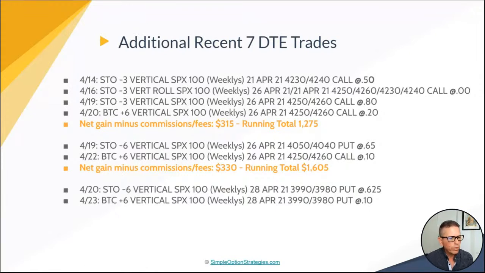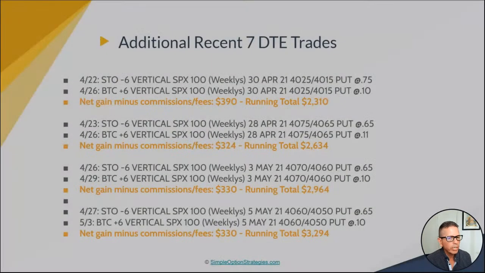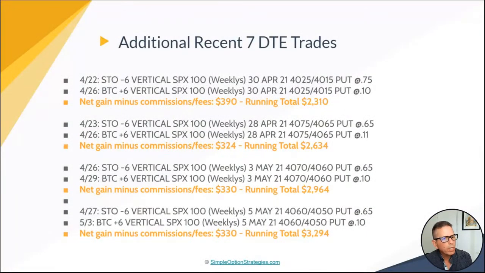And then on the 23rd, I was able to close that trade for 10 cents. All right. And then these are the last 3 trades that I put on. So the first one on the 22nd to the 26th, 75 cents, closed it for 10. On 4/23, I put on another trade, closed it for 11.